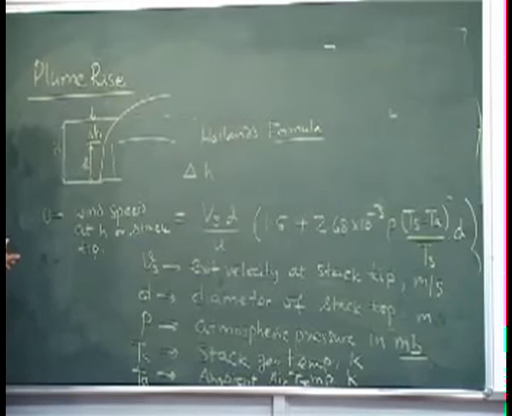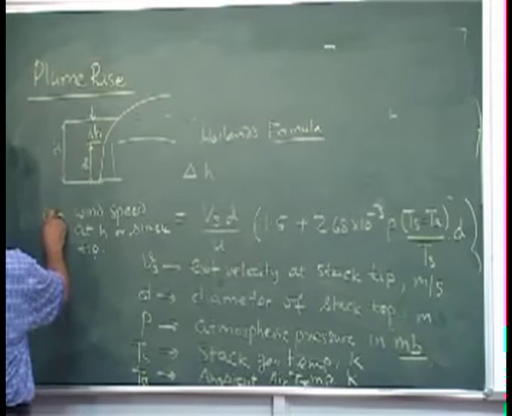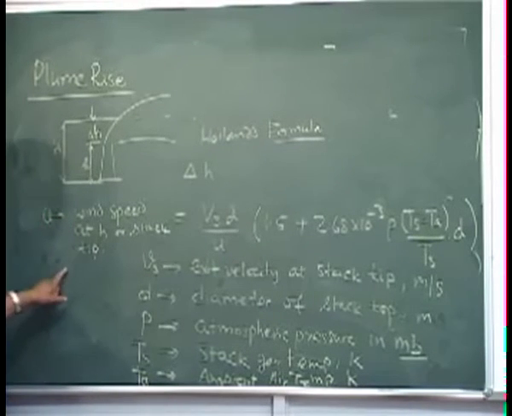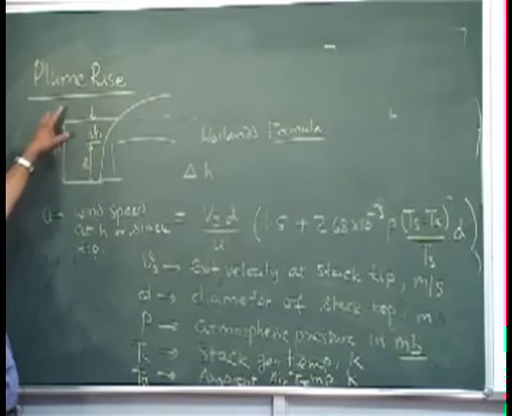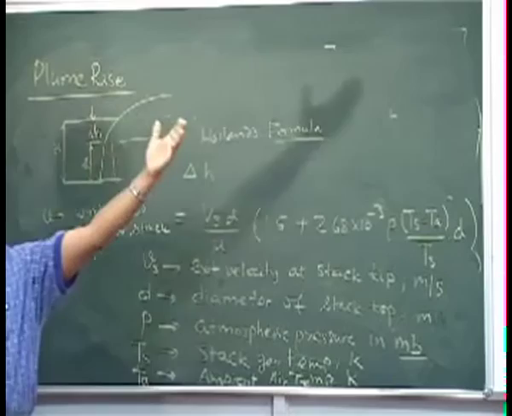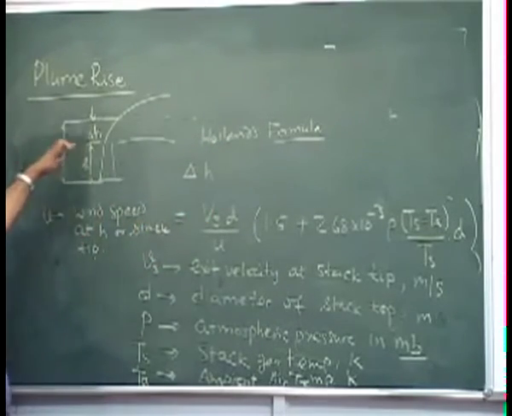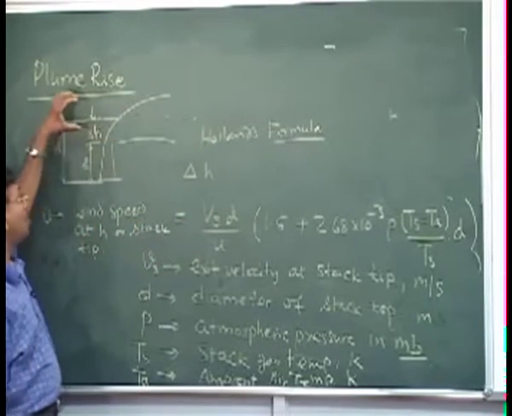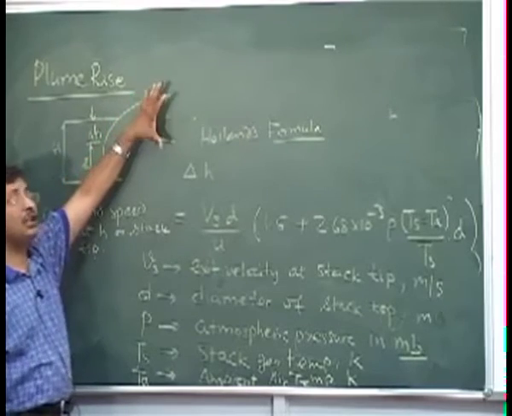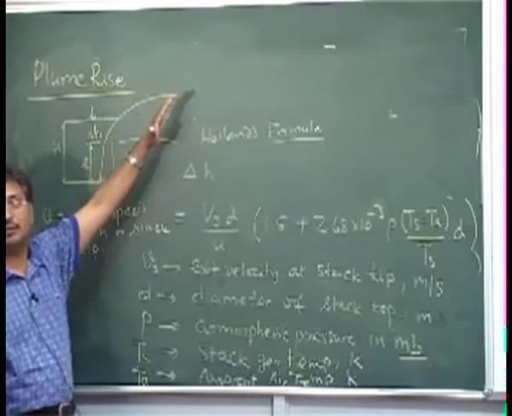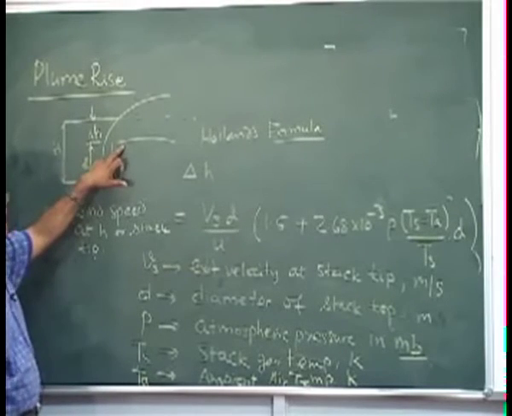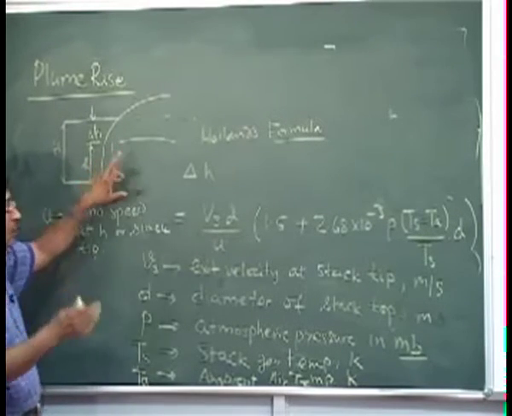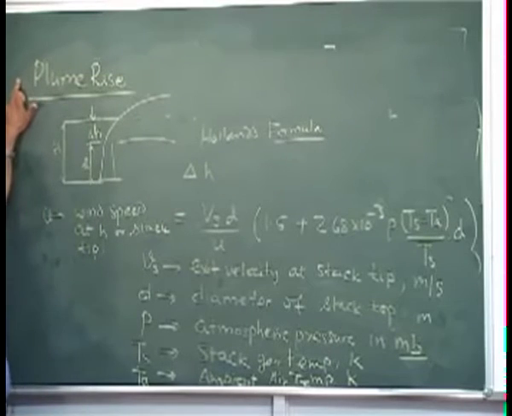So this U, okay, is at the stack tip, and that U which was in our formula was at H, because that is what is the mean wind which is causing the advection in the plume. This U is causing the problem or disturbance in the plume rise, because we are discussing plume rise. Okay.